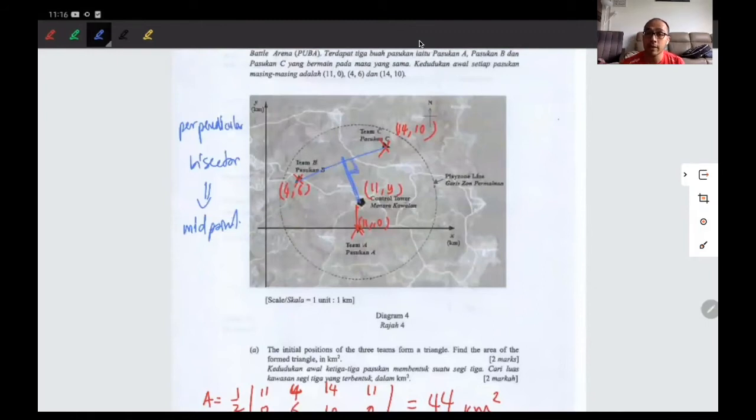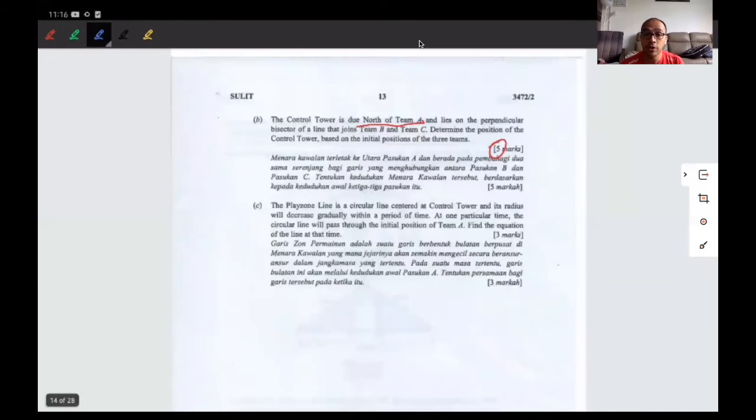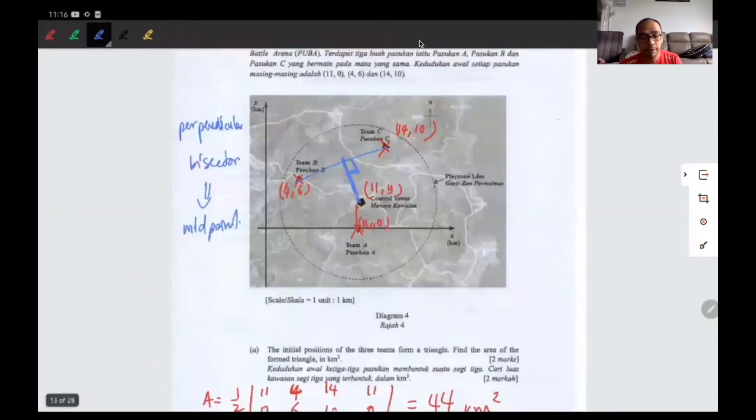This is a lot of information already. Determine the position of the control tower means determine the coordinate. Now, you already have the x coordinate, totally no problem. Our problem now is the y coordinate.